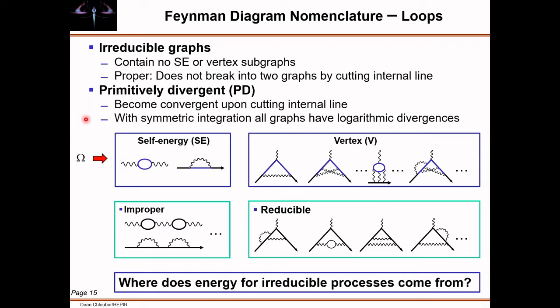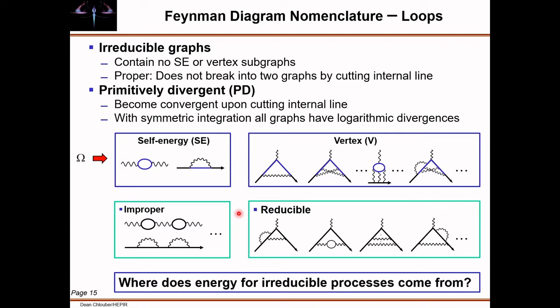And with symmetric integration, all these graphs have logarithmic divergences. The ones outlined in blue here are the types of diagrams we're primarily concerned with, and we'll represent those by a scattering amplitude omega.